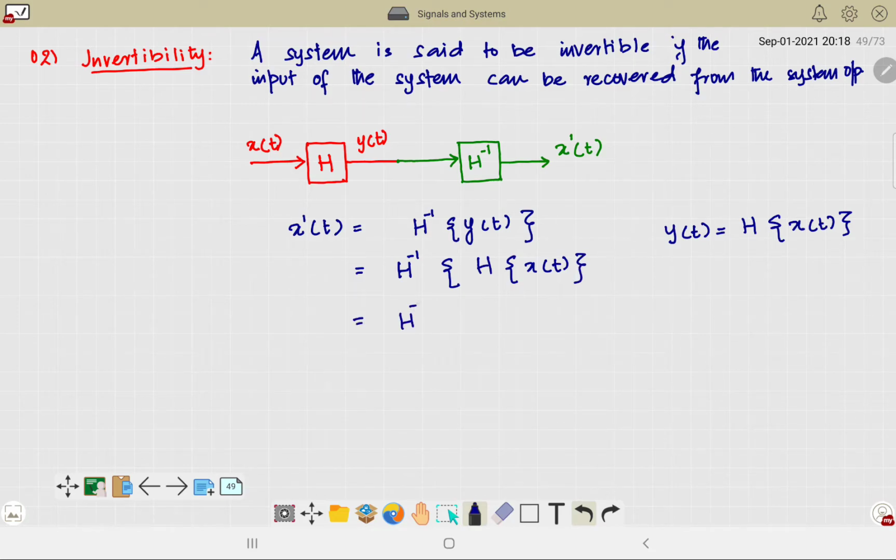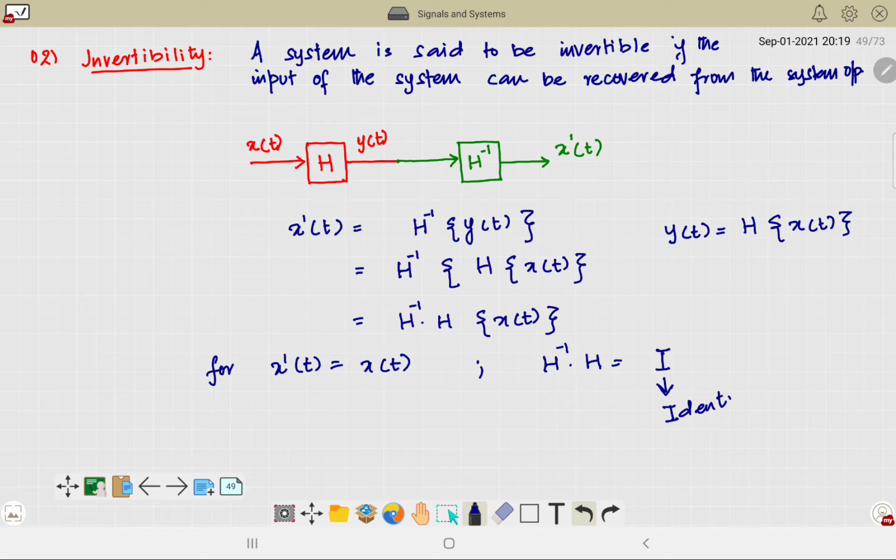So it will be h inverse h x of t. Now for x prime t to be equivalent to x of t, we have to ensure that h inverse into h should be unity. We say it should be an identity operator. Fine. Identity operator means it should be a unity value.